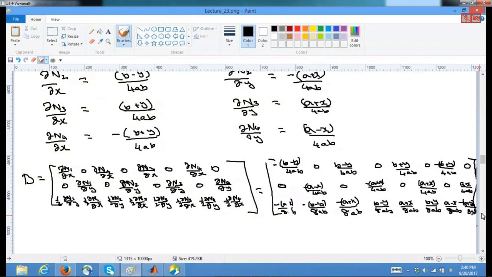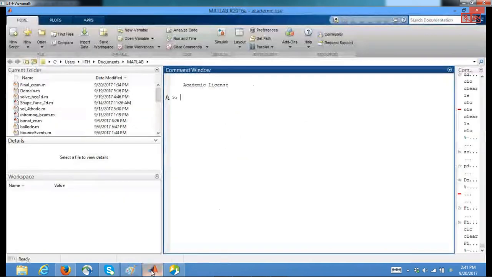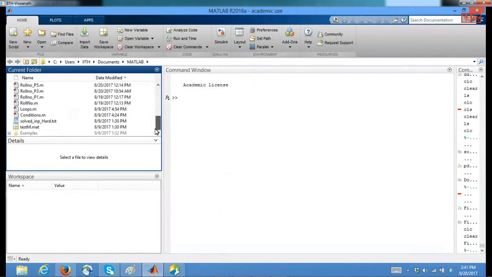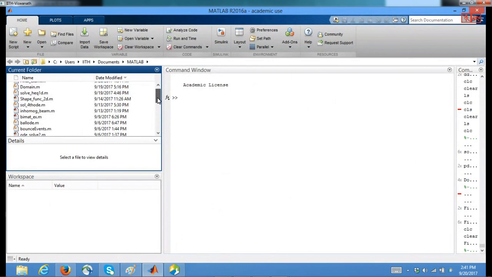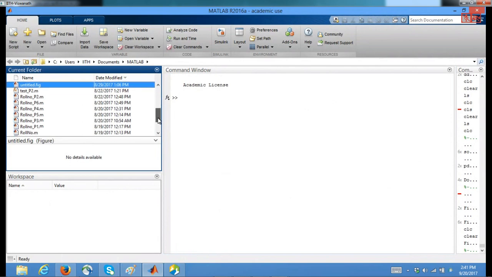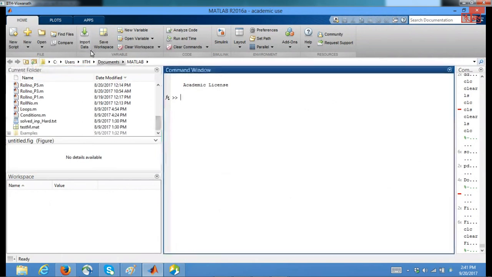Let us develop the same thing in MATLAB so that we can use it for our computations. Okay, let me just develop a new element.